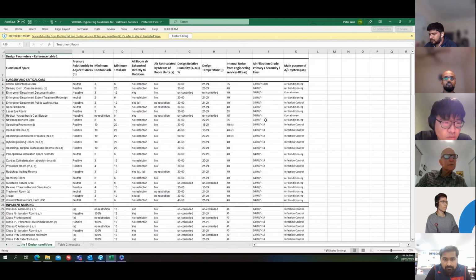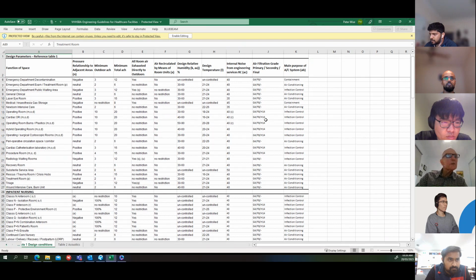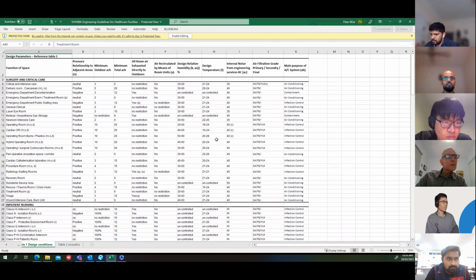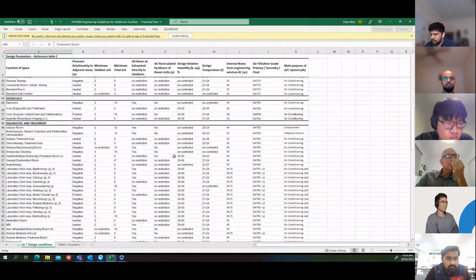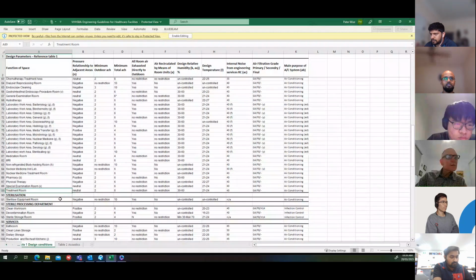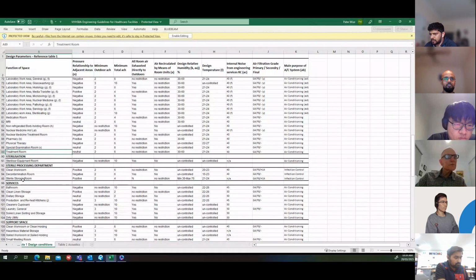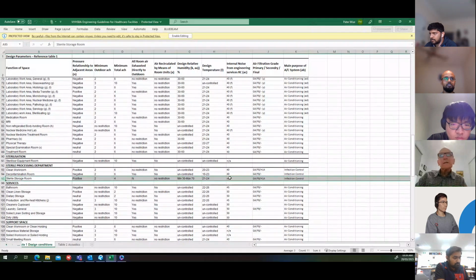So, for instance, we were looking at procedure rooms and sterile stores. Let's see if I can find that. Sterilisation department, sterile storage room. The filters required for that, G4, F8, H14.